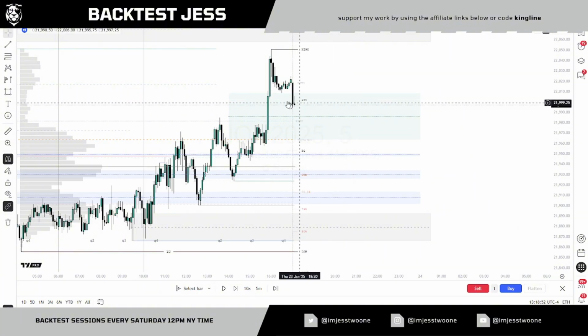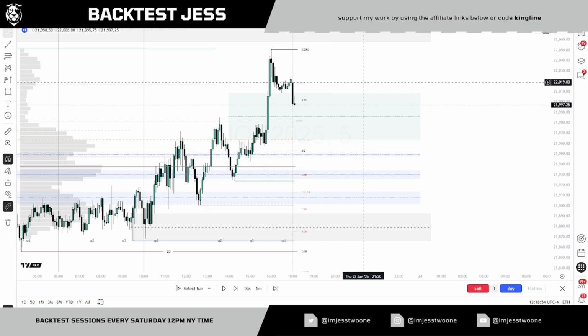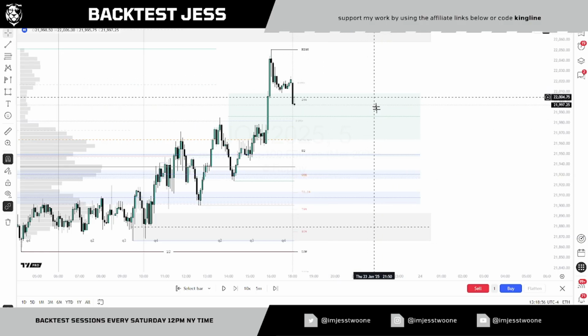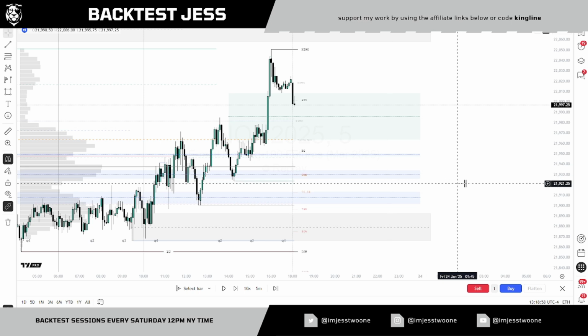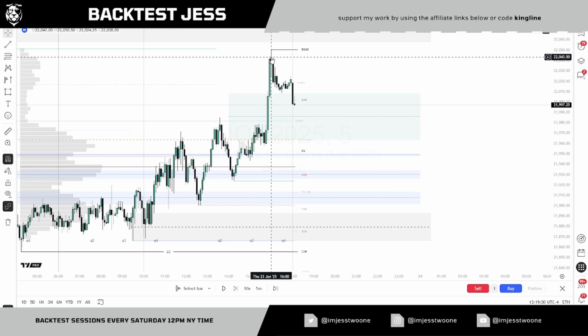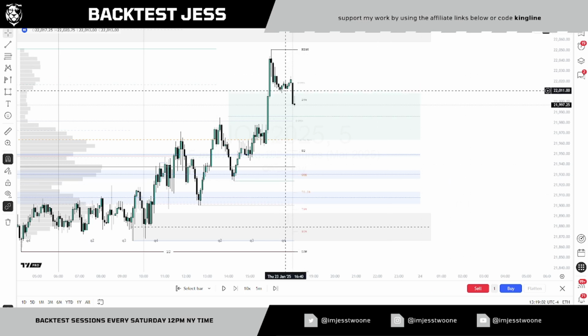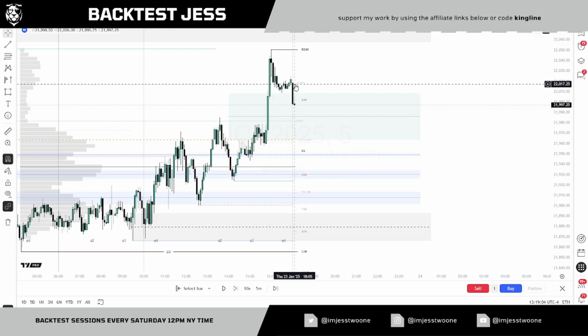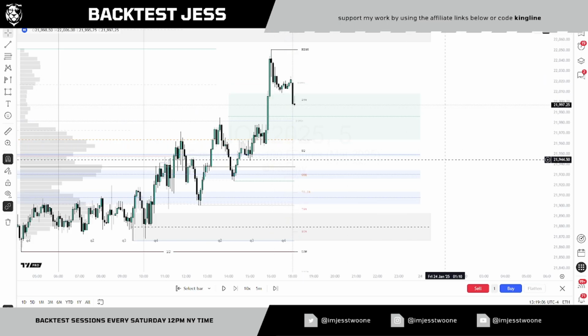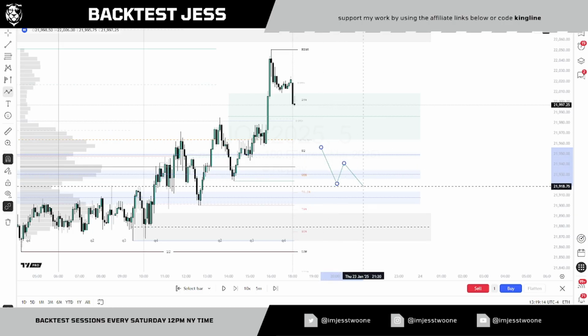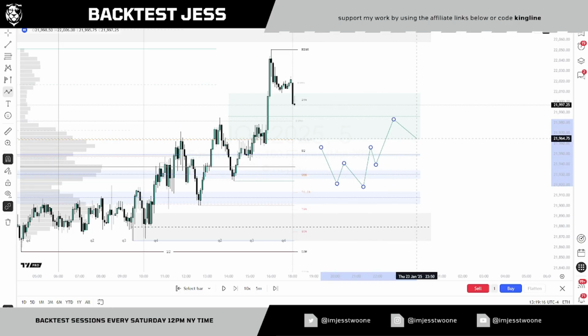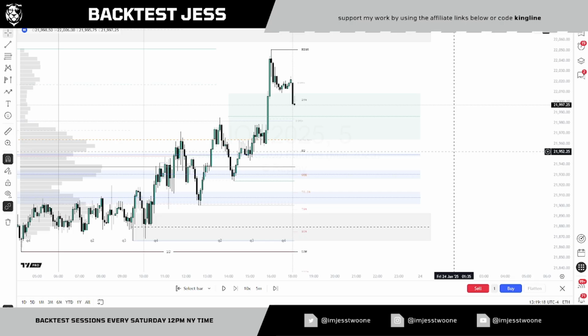If Asia consolidates and London expands, then your first target is generally PM session high or low. So we've already taken PM session high here. We've closed this BISI, and we now are trading lower. So from here, PM session low is where I would want to see some sort of reversal and CSD to go higher, basically.